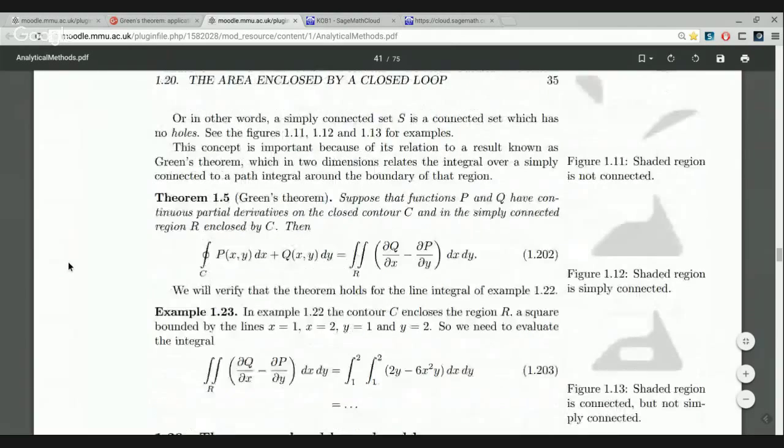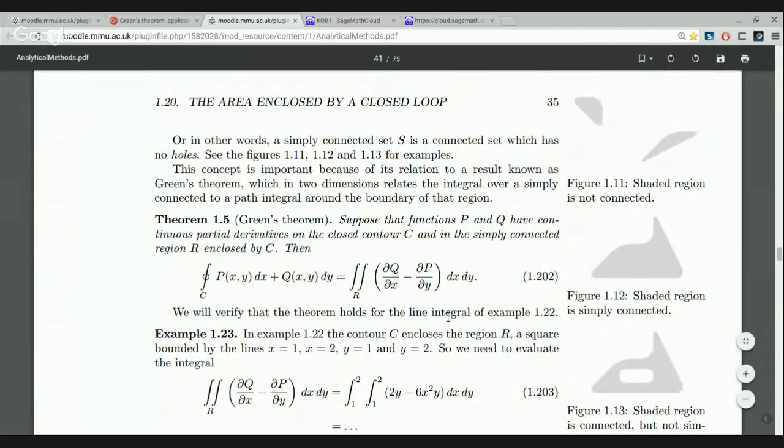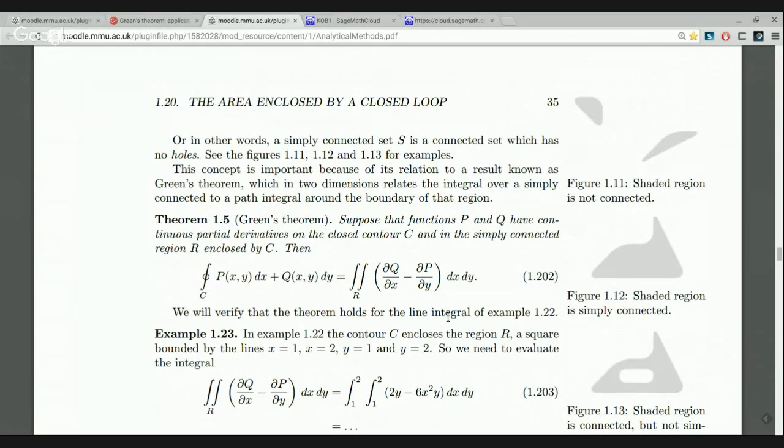So remember, Green's theorem is this theorem here in the middle of the page, equation 202. It relates the integral of a general P and Q, so there's no restriction on the P and Q, really, apart from the fact that they are defined and their partial derivatives are defined everywhere in the region R. So R is a simply connected region bounded by the simple closed curve C. P and Q are defined on C and on the inside, and they have partial derivatives everywhere in the region.